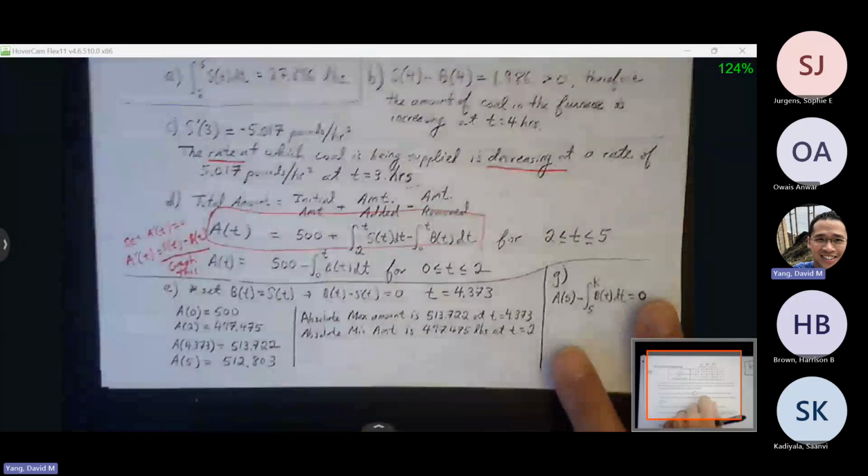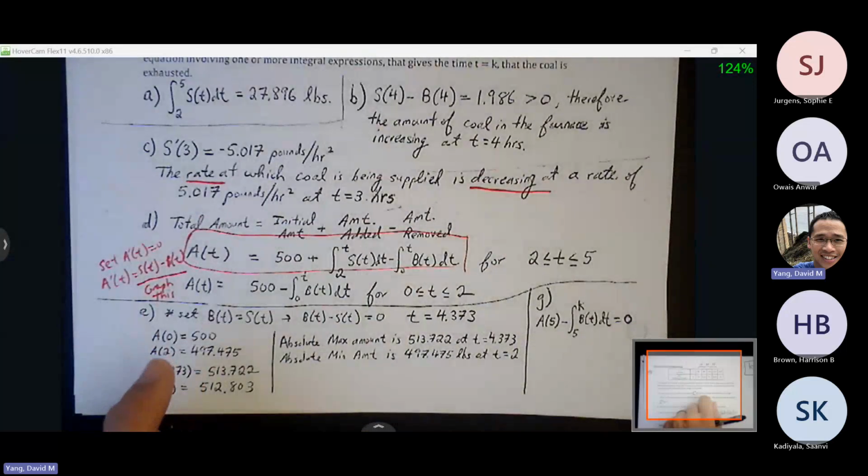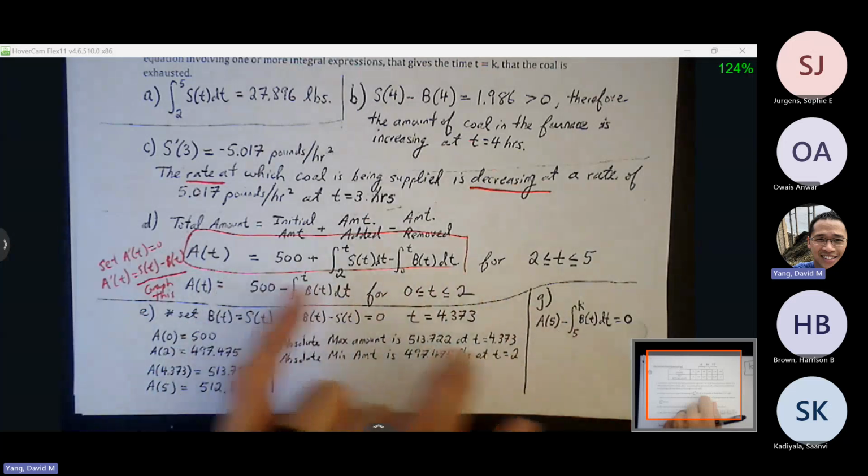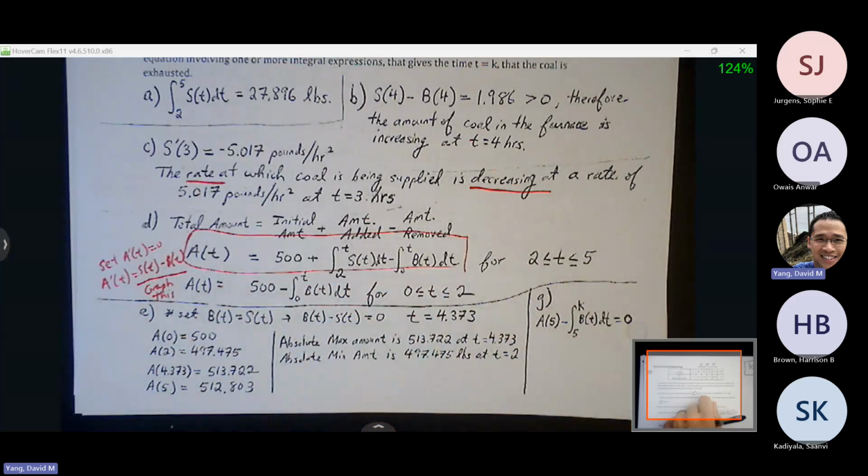And then piece by piece, we're just entering the 0, the 2, the 4.37, and 5 into A of T to compare the values.